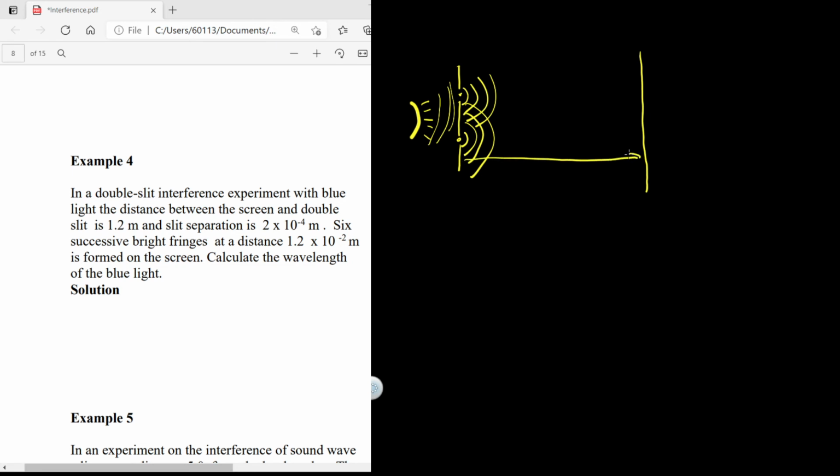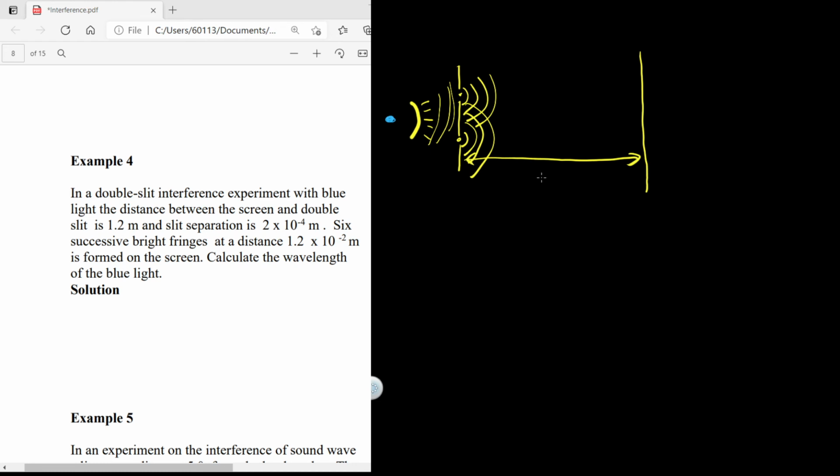The distance between the screen and the 2 sources is not measured from the lamp, because the lamp is just to produce the light so that it will pass through the 2 slits. Then the slits become the sources of the light wave itself.